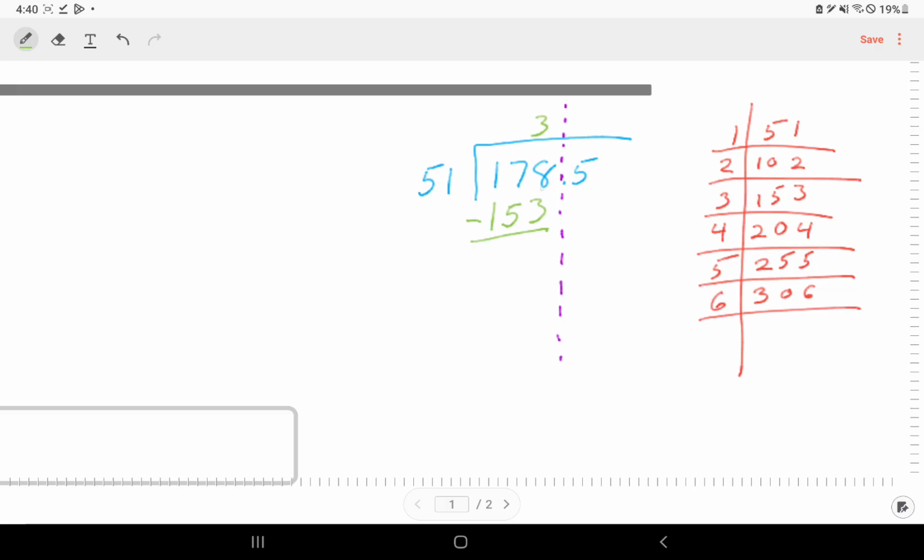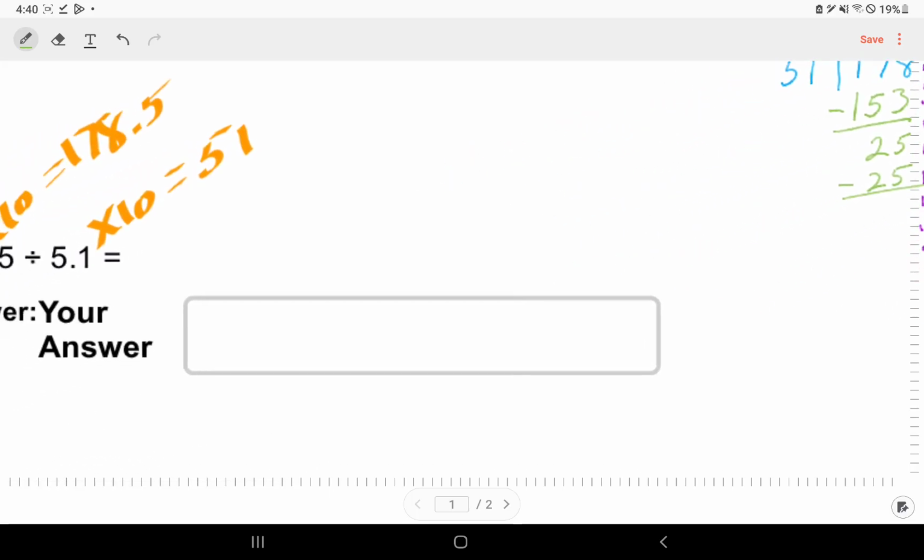So I subtract. 8 minus 3 is 5. 7 minus 5 is 2. Bring down my 5. So 255. Closest I can get is 255. And that went with 5. 0. And so remember, this line means decimal, so 3.5.